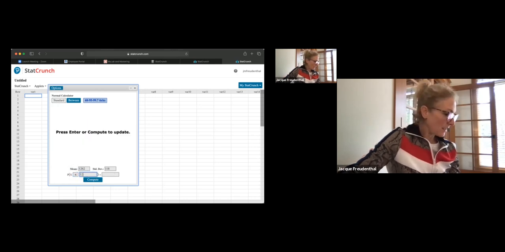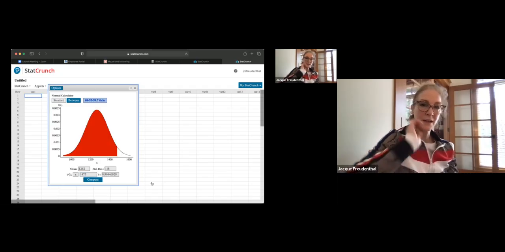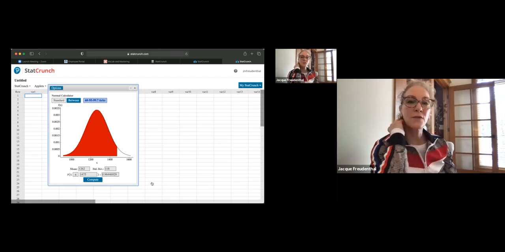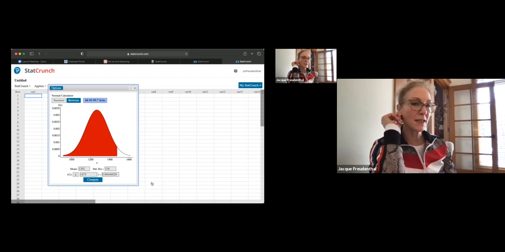And then I want the percentile rank of 1,475. The mean and the standard deviation are the same because it's the same problem we're given. So the percentile rank is, and I would round that to be 96th percentile. So approximately the 96th percentile, 0.9645, which would represent a probability. So the percentile would be 96th percentile.